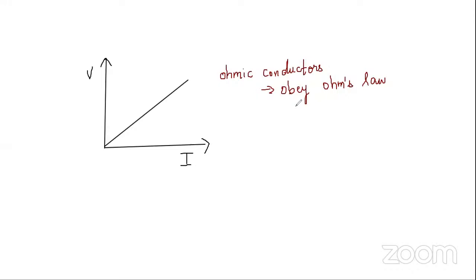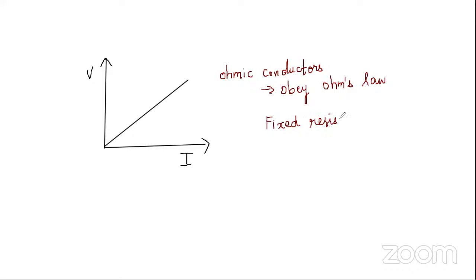For resistors, you use different symbols. For a fixed resistor, your symbol is like this.